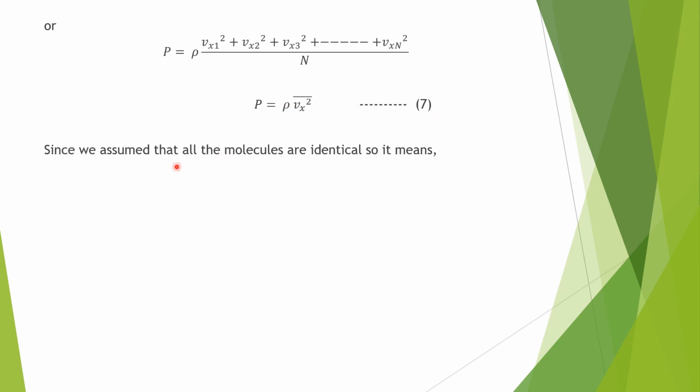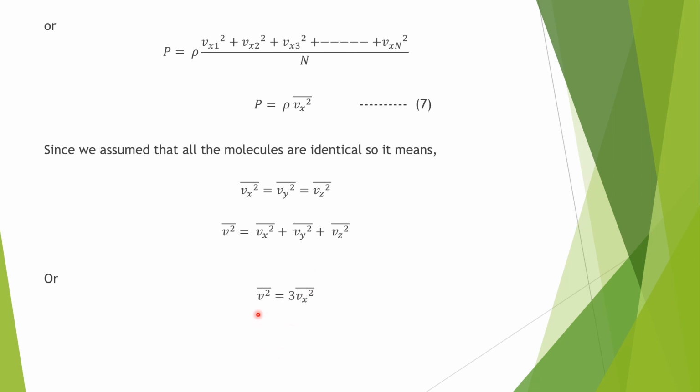Now initially we assume that the molecules are identical. This means that vx square bar should equal vy square bar should equal vz square bar. If we talk about the resultant, v square bar should equal vx square bar plus vy square bar plus vz square bar. So we replace vy square bar and vz square bar by vx square bar. Then vx square bar plus vx square bar plus vx square bar will become 3 vx square bar.